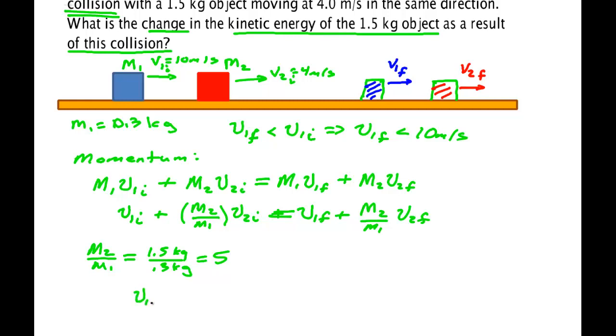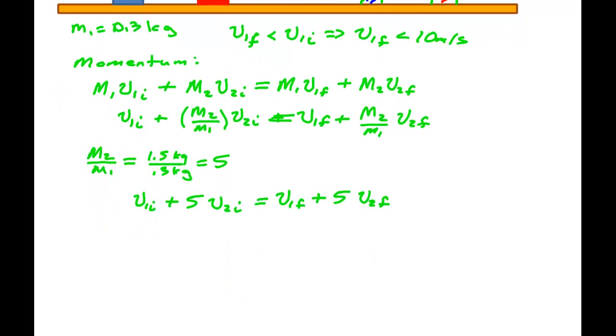So we have V1I plus 5 V2I is equal to V1F plus 5 V2F. Like I said, my choice is I can either solve for V2F, or solve for V1F, and it really doesn't matter. I need to eliminate one of the variables, either the final velocity of block 2 or block 1.